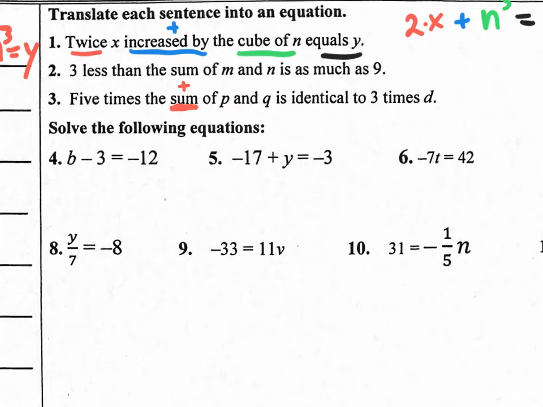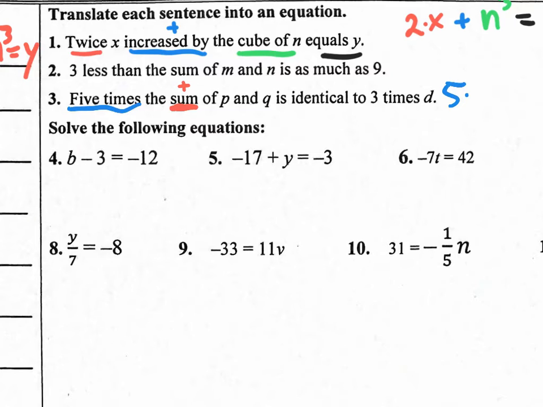So when it says 5 times the sum, it's really saying 5 times the answer when you add 2 items together, all right? So let's begin with 5 times. We're going to put 5, and you can put a dot, but we need to say 5 times the sum of P and Q. So what does sum of P and Q mean? Add what? P and Q.